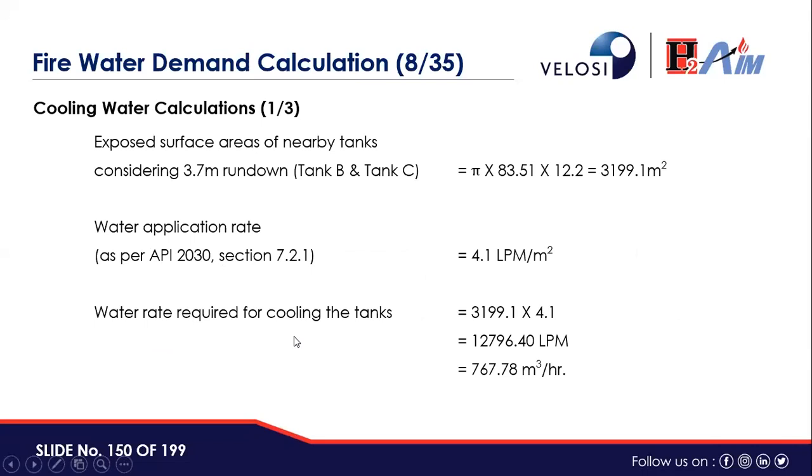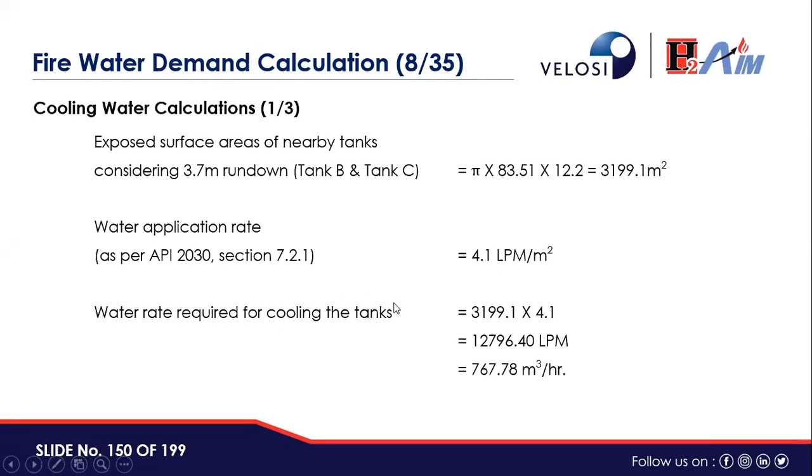So this is the cooling water calculation. The exposed surface area for the nearby tanks, considering 3.7 meter rundown, because tank A got the fire and tanks B and C were the adjacent tanks. So the exposed area is this much. Water application rate as per API 2030 section 7.2.1 is 4.1 LPM per meter square.